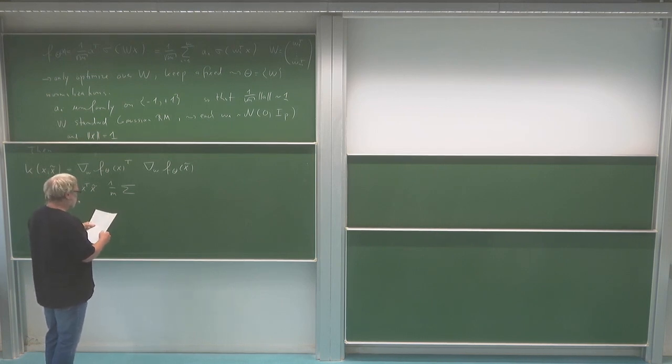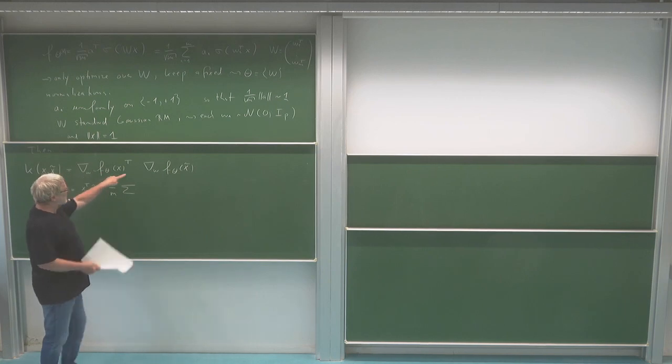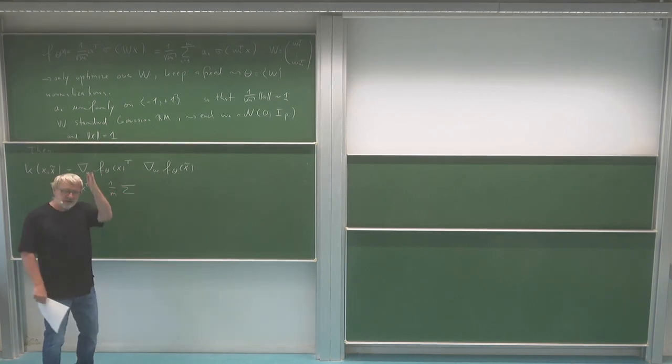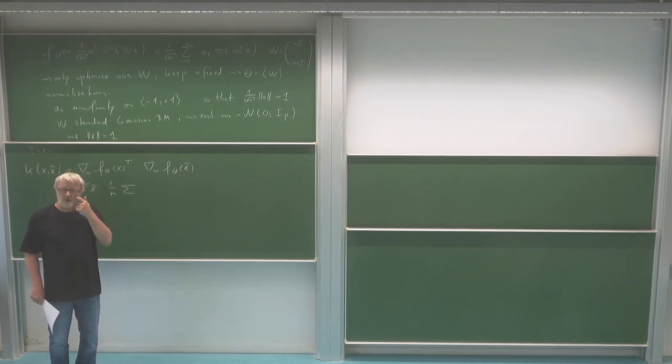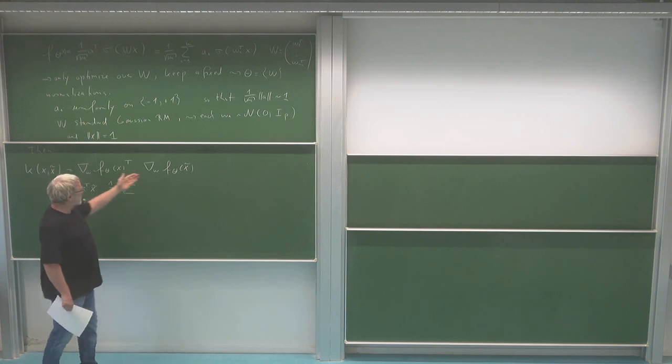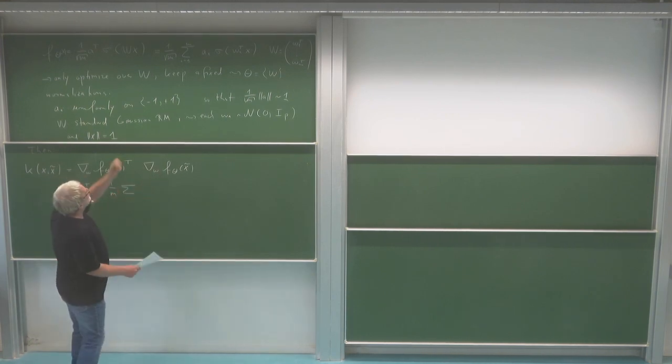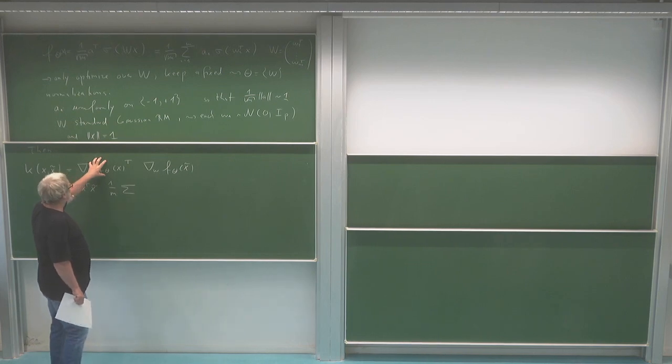Of course, the gradient is a vector which is given by taking all derivatives with respect to all the vectors Wi, and I'm multiplying this with itself. So in this sum, from this term here, I take the part where I have the derivative with respect to wi.